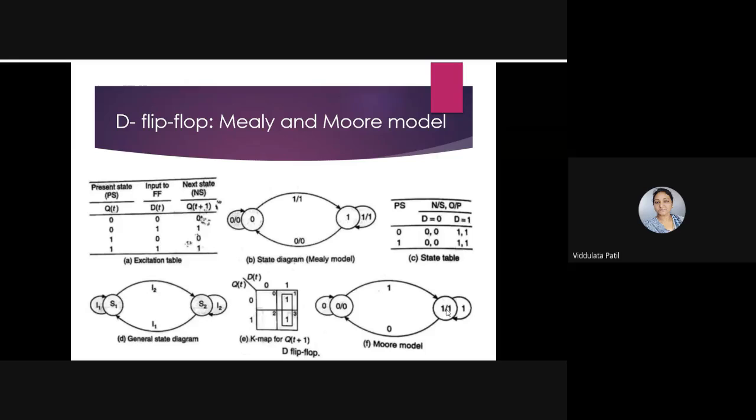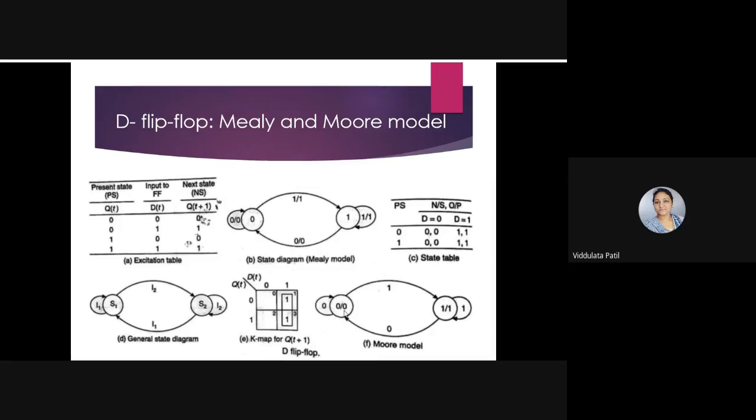Okay, now if the current state output is 1, input is 1, then it will remain in the same state, that means it will have the 1 output. But if input changes to 0, then it will go in this state where the output is 0. So that is the Moore model for the D flip flop.